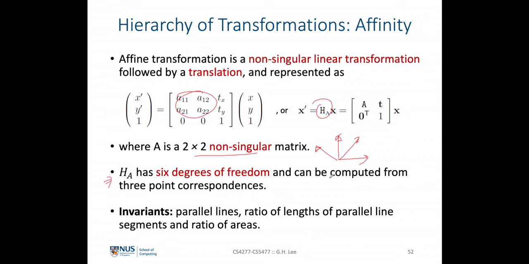We'll see in the lecture when we talk about homography that each point correspondence gives us 2 degrees of freedom. Hence, 3 points would be sufficient for us to compute these 6 degrees of freedom. But we'll defer this to lecture 4 when we look at the homography estimation. And the invariants in this case are the parallel lines, the ratio of the lengths of parallel line segments, as well as the ratio of areas.